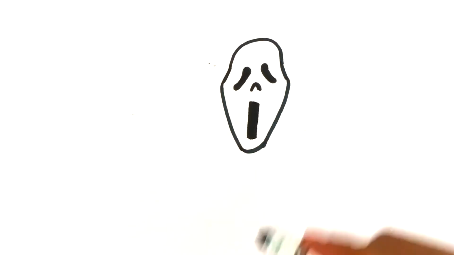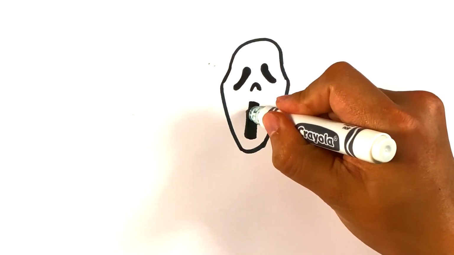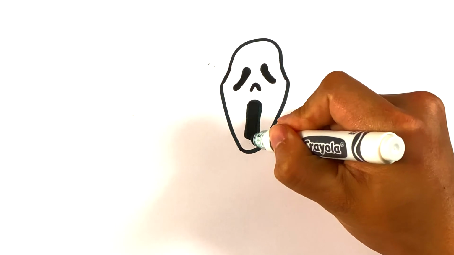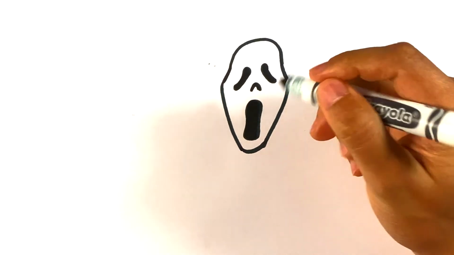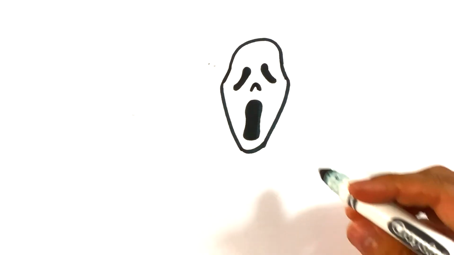We're gonna do more than that. Let's round it around. Let's make it round on the edges there. Alright, so we got the face mask, which is the hardest part.